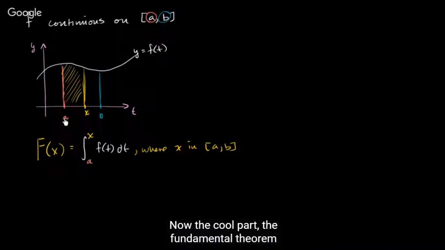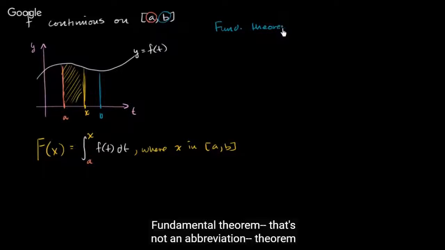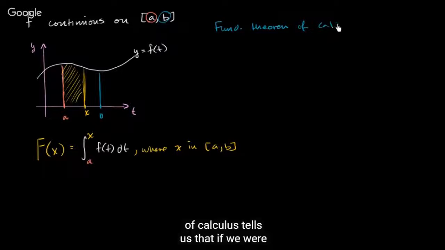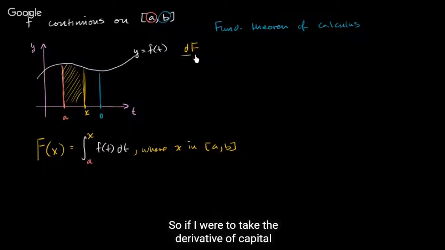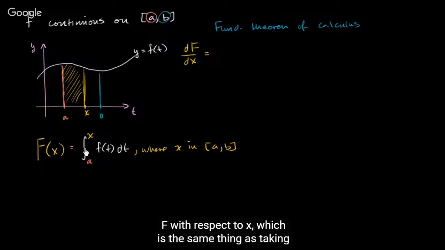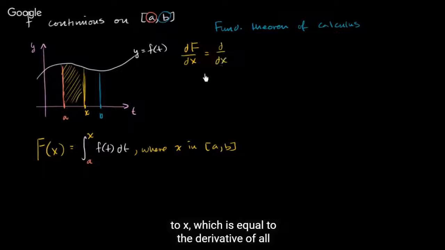Now the cool part, the fundamental theorem of calculus. The fundamental theorem of calculus tells us, let me write this down because this is a big deal, that if we were to take the derivative of our capital F with respect to x, which is the same thing as taking the derivative of this with respect to x, which is equal to the derivative of all of this business.